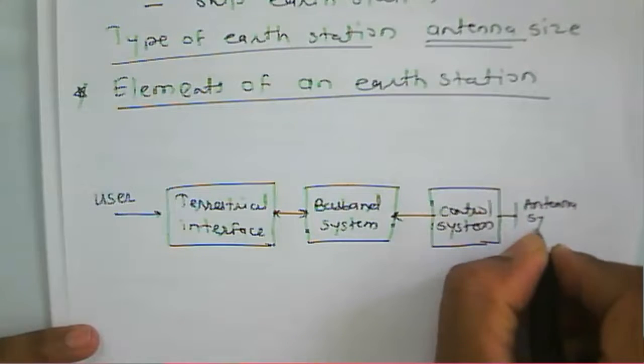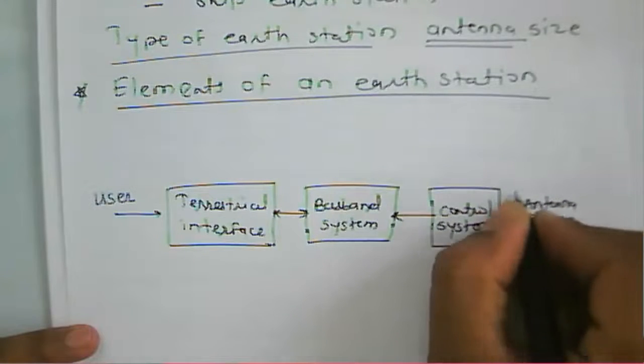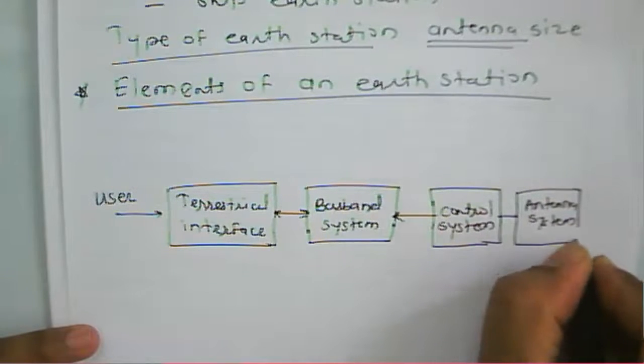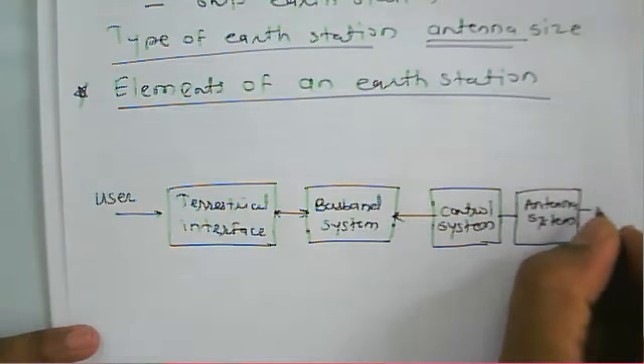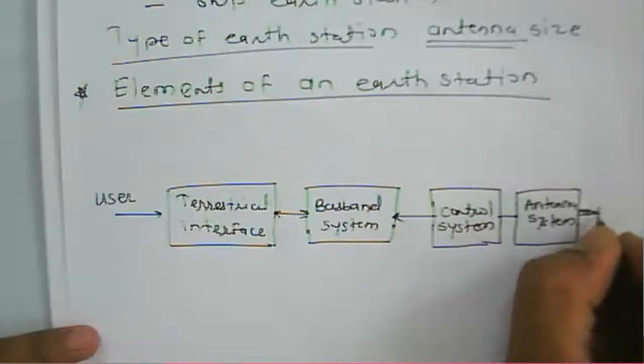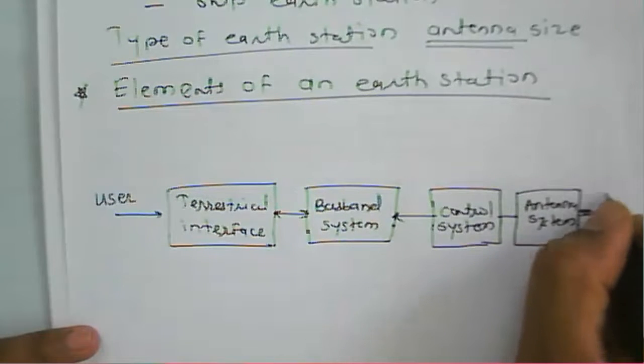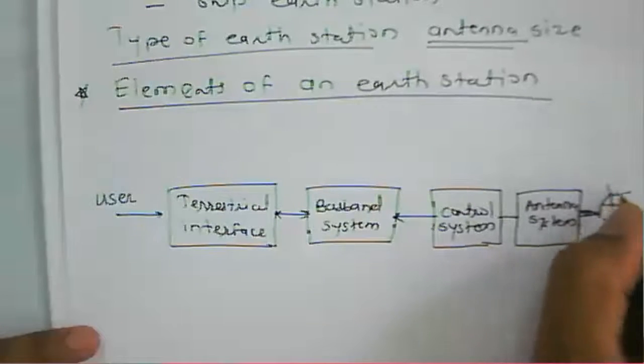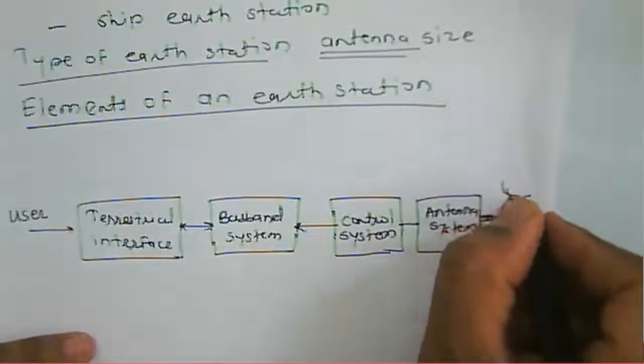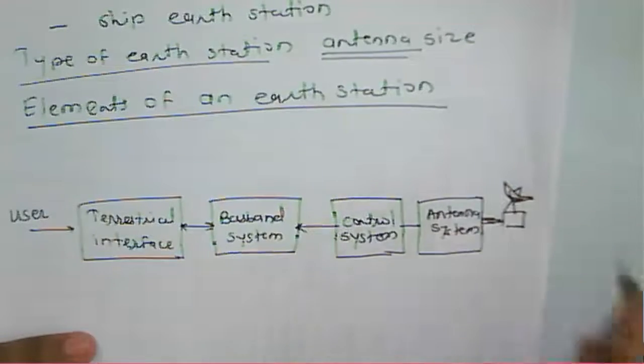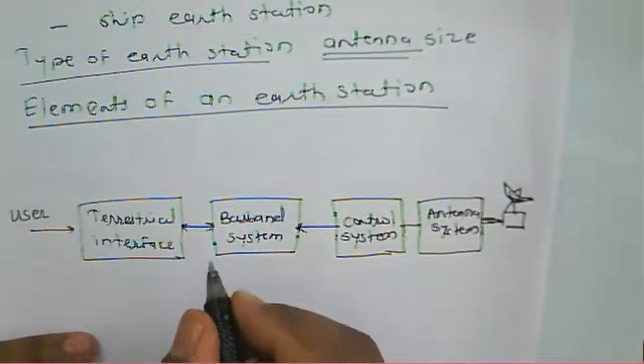Then we have an antenna system, and after that, the input given to the earth station. That is about the antenna here.